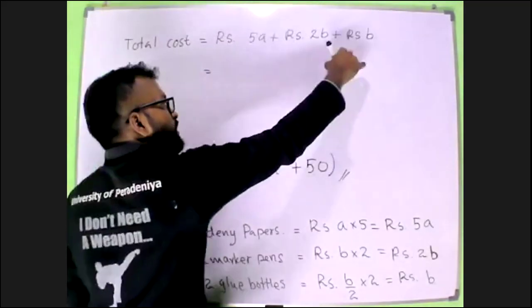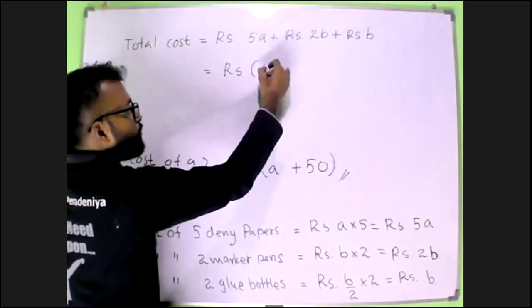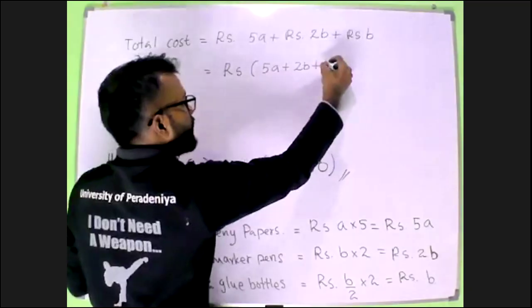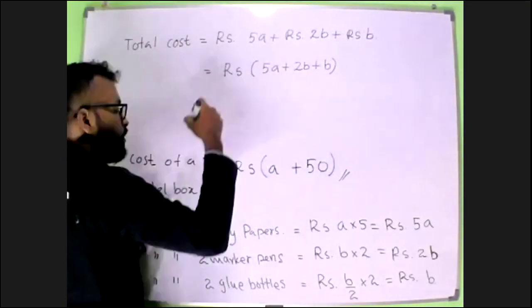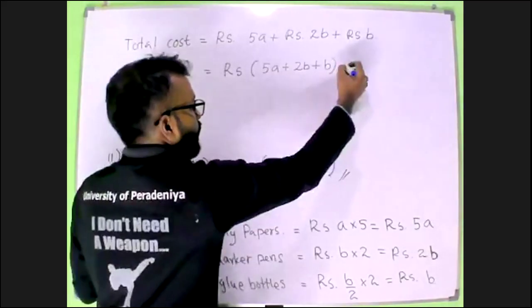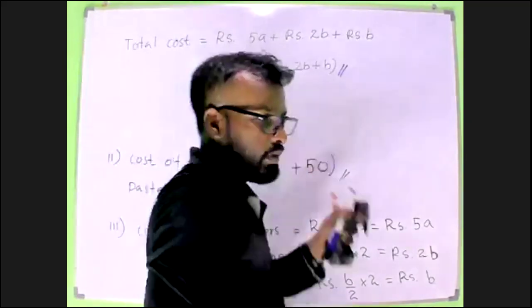You can keep it like this, or you can write it using brackets: rupees, 5A plus 2B plus B, with rupees at the front. So this should be the final answer.